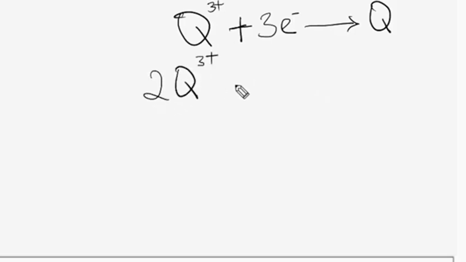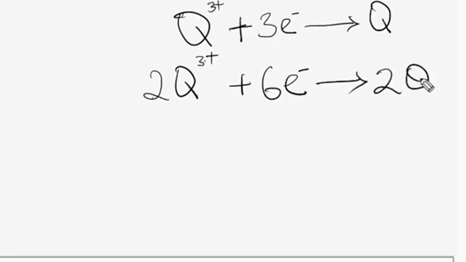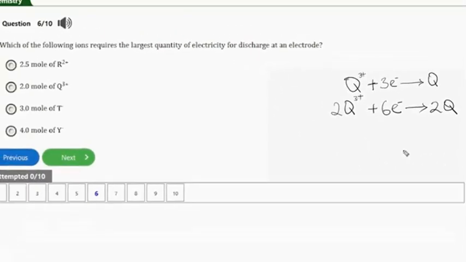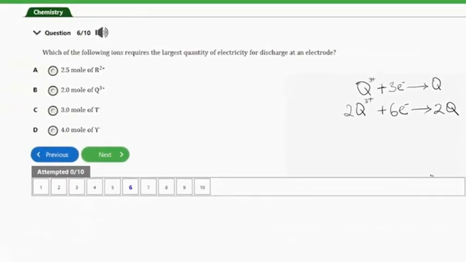So it means we are going to require this times this, that's 6 electrons. So discharging this to 2Q. So guys, in that case, this will be the answer to this question, and that's option B here.